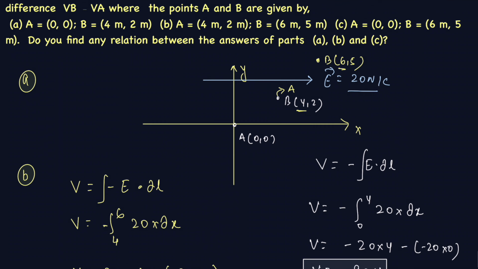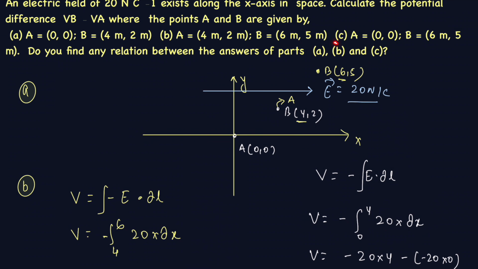Similarly, in the third question, A is equal to 0, 0 and B is equal to 6, 5. Means this is the A for the third option and here is the B. So in this case, our x-axis is 0 for A and for B it is 6.